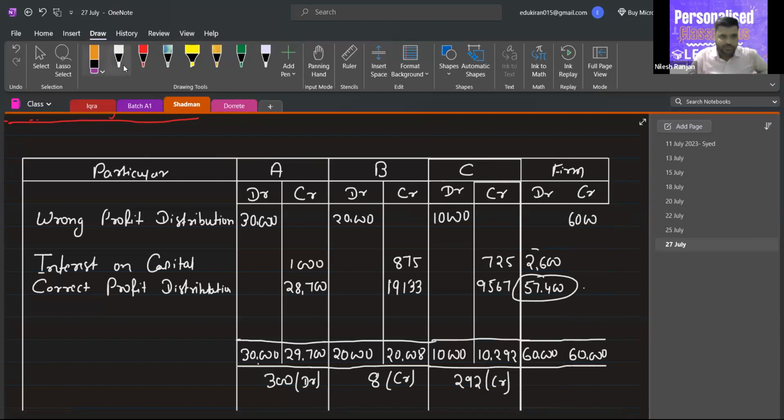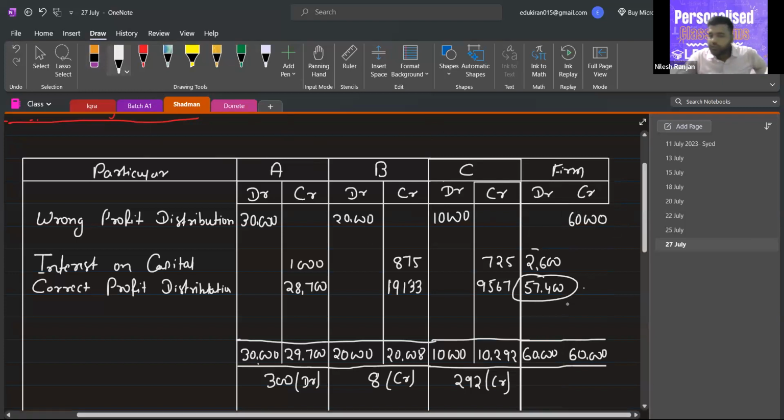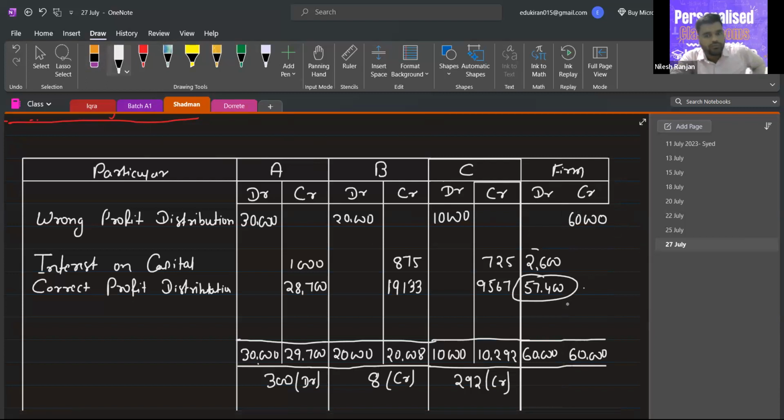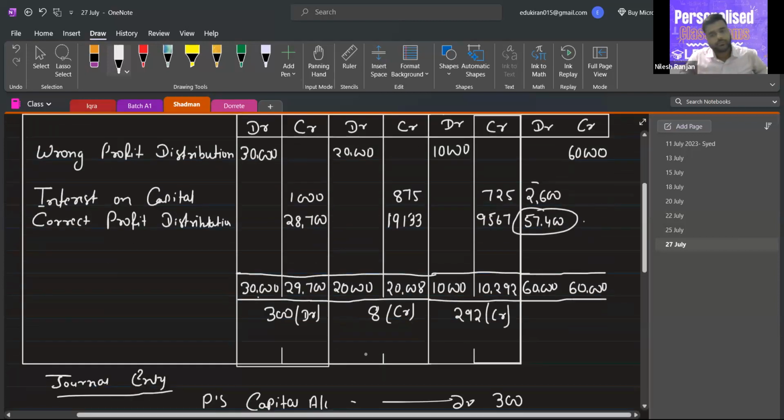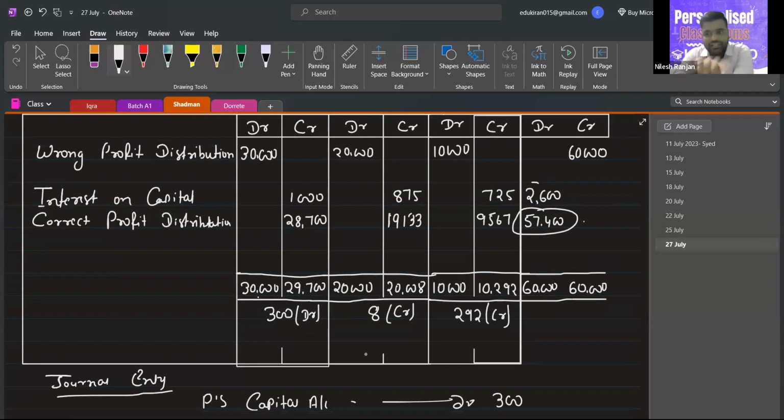So, sir, we could have written the 57,000 on the credit side also, right? No, we cannot write 57,400 on the credit side. You know the totaling and balancing concept of a ledger? Yes, I know. So we write the higher amount on both the debit and credit side totals.